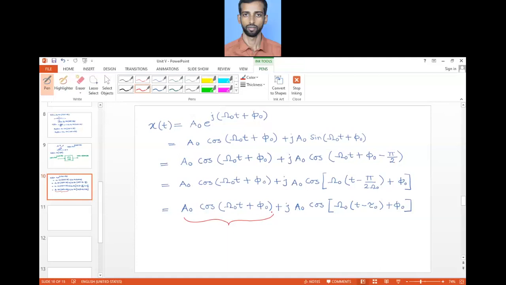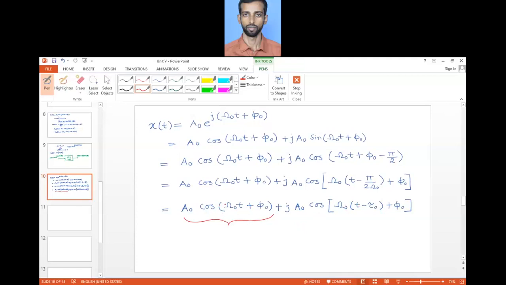And then the actual input signal that we are going to apply over here is basically j times A naught cos(omega naught t minus tau naught plus phi naught). That means if you know the response due to this particular signal A naught cos(omega naught t plus phi naught), then you'll be able to find out what is the response due to j times A naught cos(omega naught t plus phi naught) by virtue of the property of homogeneity.